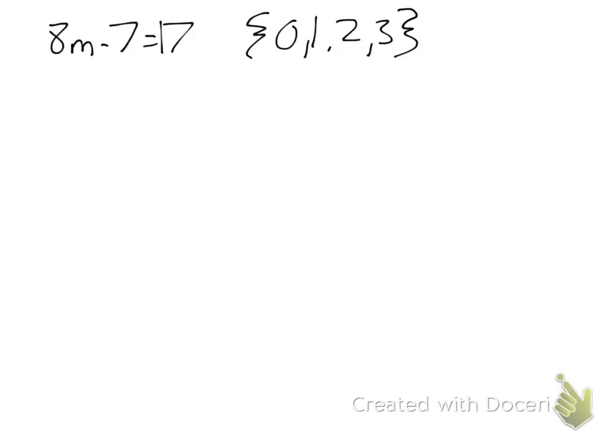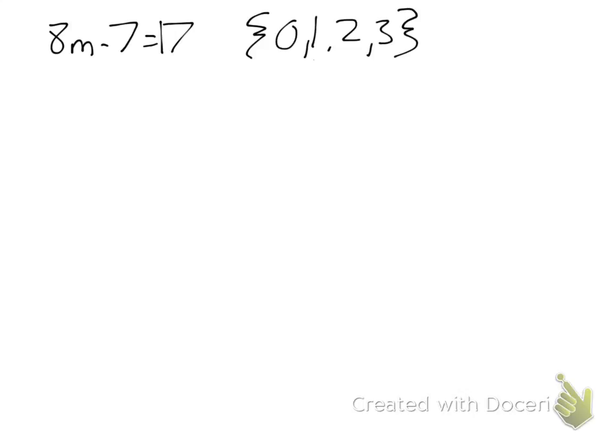It's 17. So here's the equation. These are your possible solutions. So they're actually giving you a solution somewhere. It's one of those 4 choices: 0, 1, 2, or 3. Your job is to show which one of these works in there.